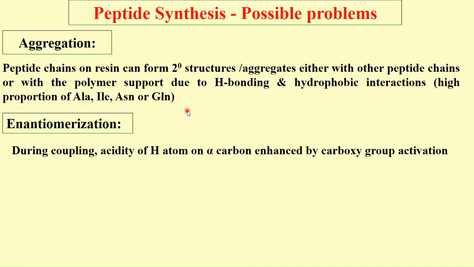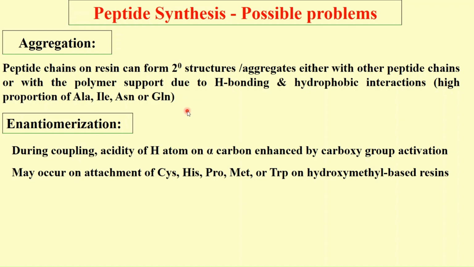When we activate the carboxy group, it increases the acidity of the hydrogen atom present on the alpha carbon. This leads to an interaction that gives rise to the enantiomer, which is inactive, which is of no use for us.